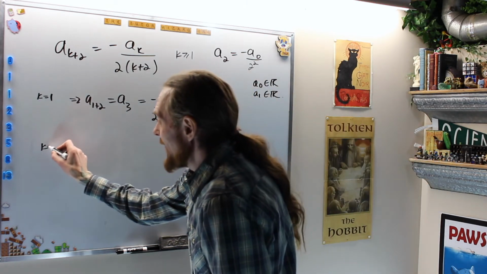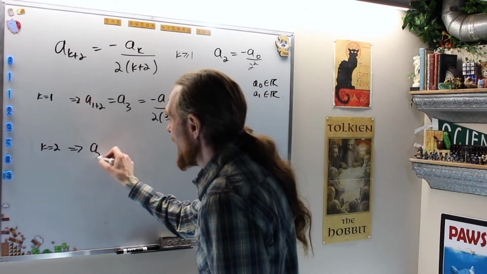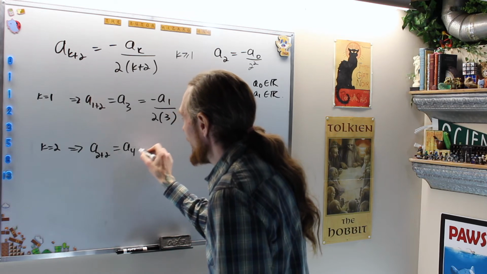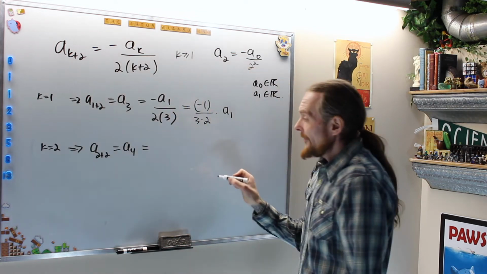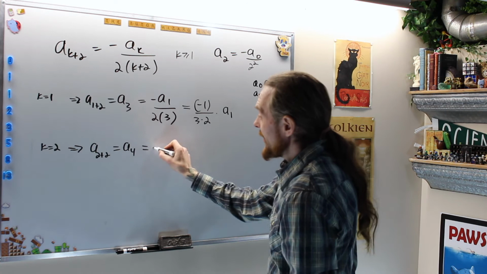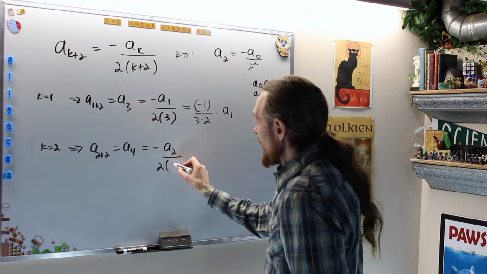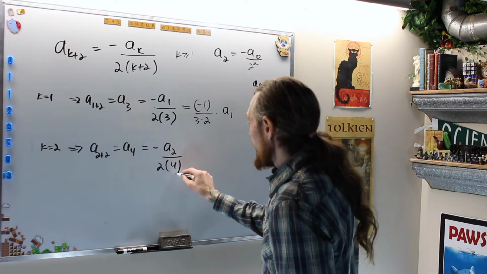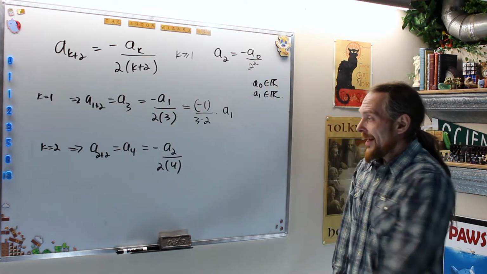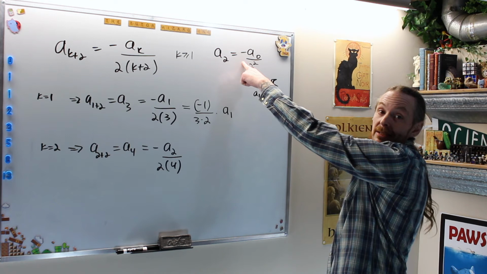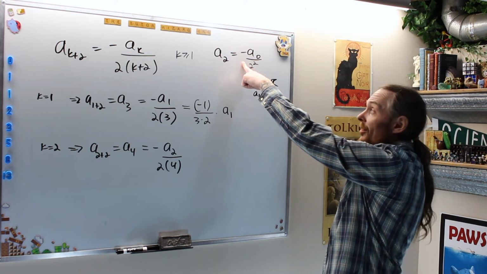When K is 2, this gives me A2 plus 2, which is A4, which, from the recursion relation, is -A2 over 2 times 4. But A2, I already know what A2 is. A2 is dependent on A0 already.